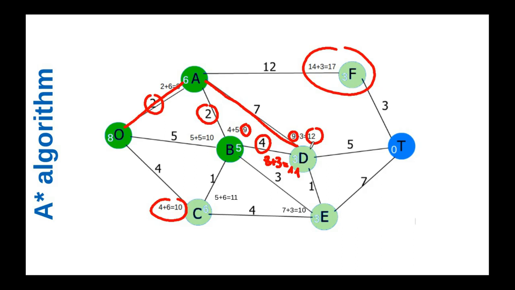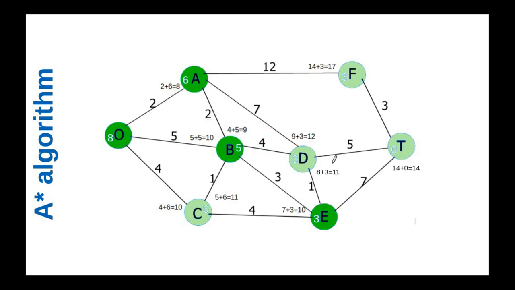So now we have to decide between 12, 11, then we have here another 11, here we have a 10, and here we have a 10. So we have a tie, as you can see. Here we have a 10 and a 10 that both are the minimum value. Let's suppose we decide about E.